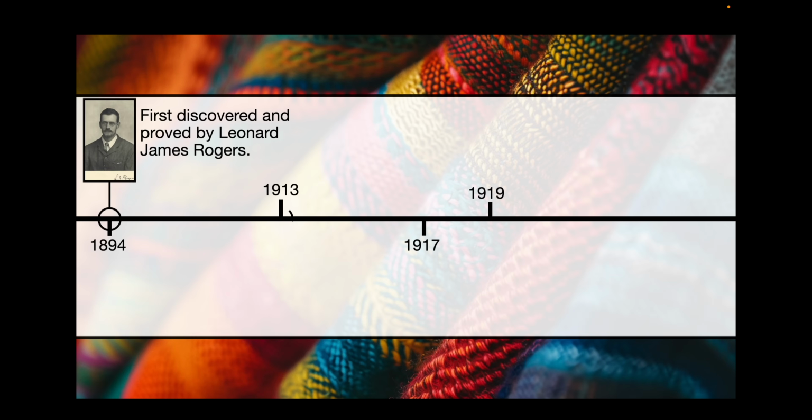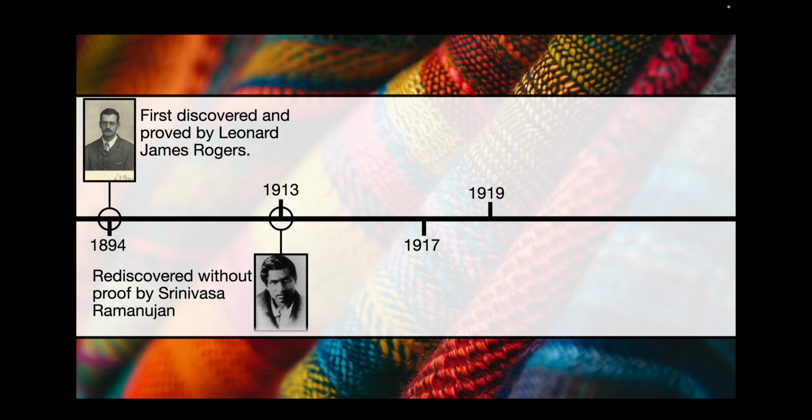Then moving on, in 1913, these identities were rediscovered without proof by Ramanujan. And so these were the first 2 times that these identities were discovered, which is, I think, probably why we call them the Rogers-Ramanujan identities. Although, as we'll see in just a bit, sometimes they're given a third name as well.